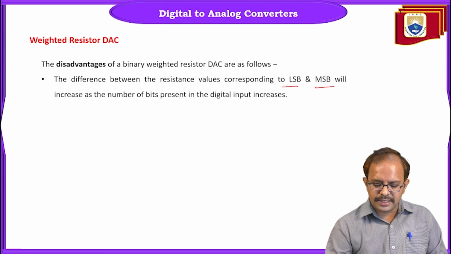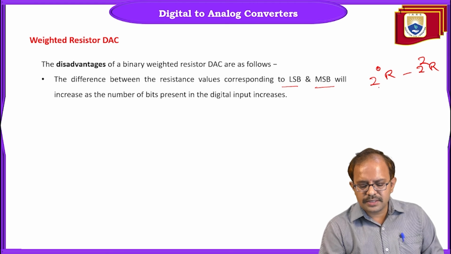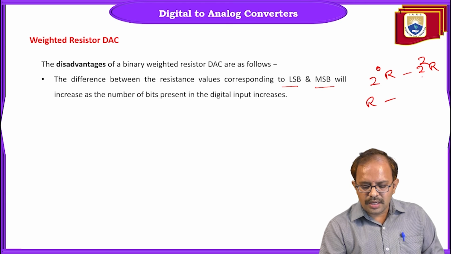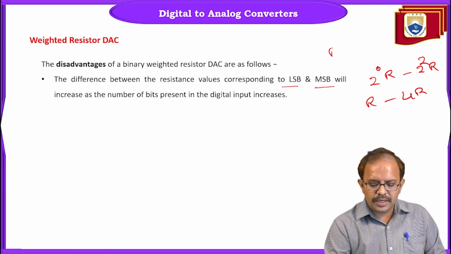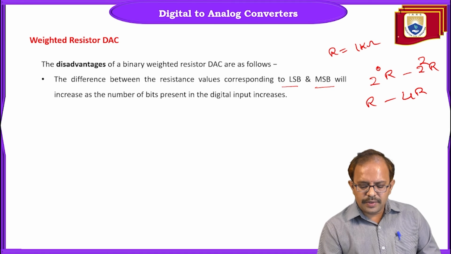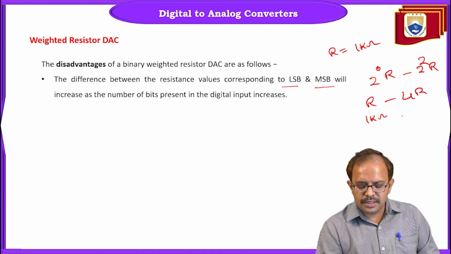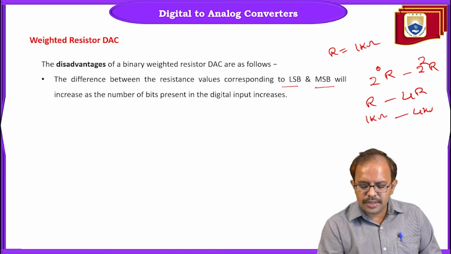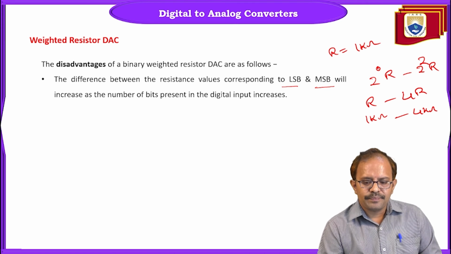Let us say for 3-bit data, one resistance is going to be 2 power 0 into R, and the other resistance is going to be 2 power 2 into R. So this one is R, and this is going to be 4R. If I say the value of R equals 1 kilo ohm, I need 1 kilo ohm resistance for MSB and 4 kilo ohm resistance for LSB. This is for 3-bit, right?